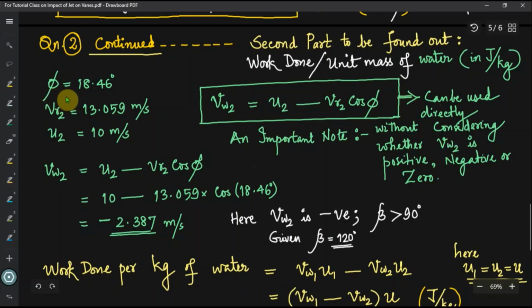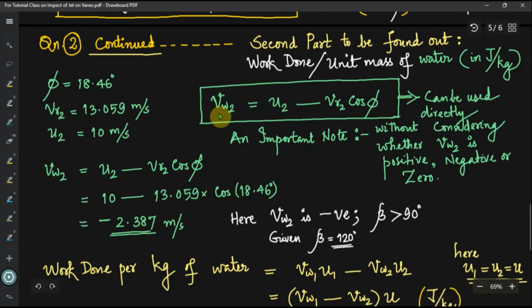The vane angle at outlet phi is equal to 18.46, VR2 is equal to 13.059 meter per second, and U2 is equal to 10 meter per second. So just use this equation to find out VW2. So VW2 is equal to U2, which is 10, minus VR2 cos phi, 13.059 into cos 18.46, you will get minus 2.387 meter per second.